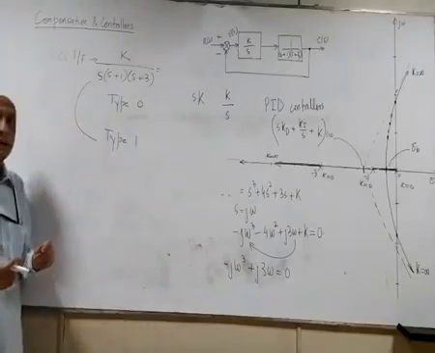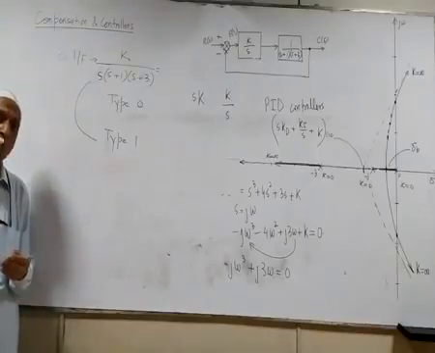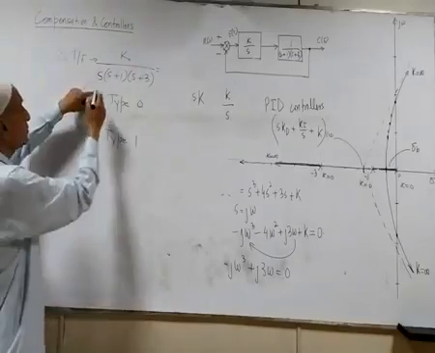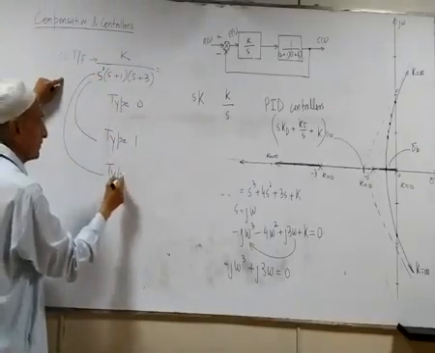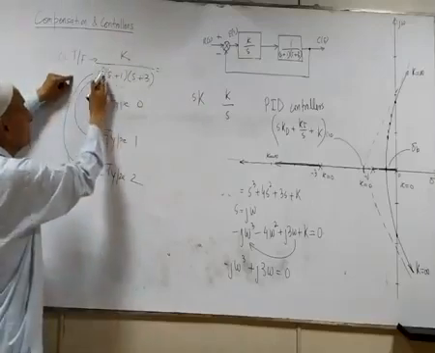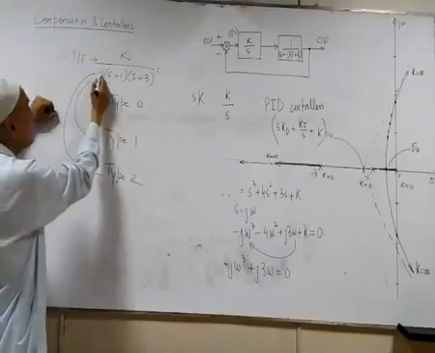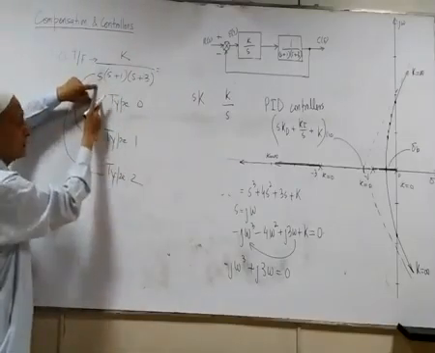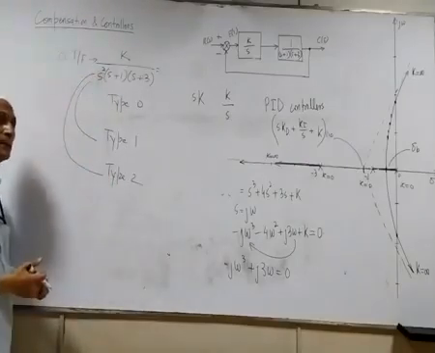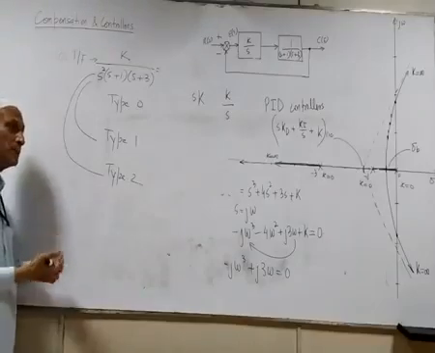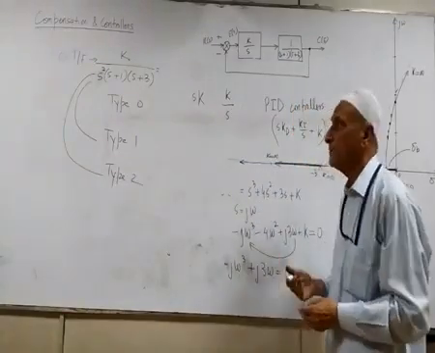This means the number of integrators you are using increases the type order. So if you use 2 integrators, then this becomes what is called a type 2 system. So we have type 0 with no integration in the forward path, type 1 with a single integration in the forward path, and type 2 with double integration in the forward path. So the number of integrations in the forward path governs the system type.